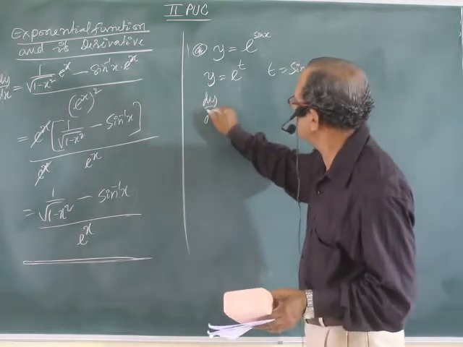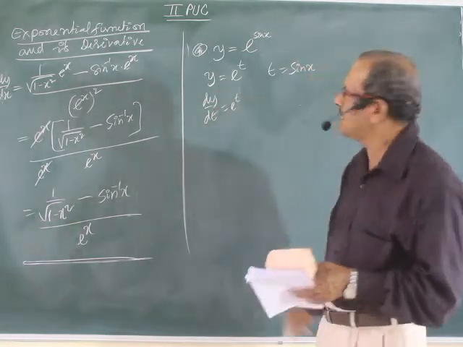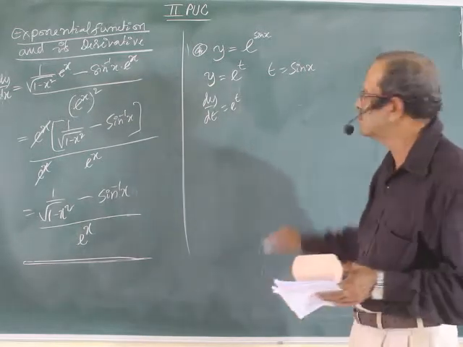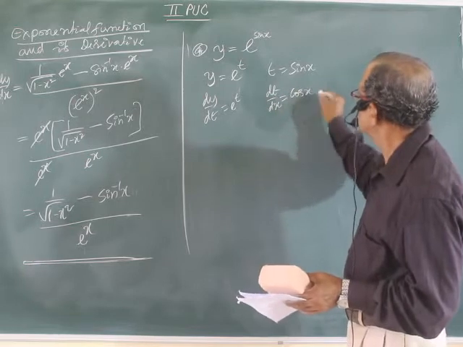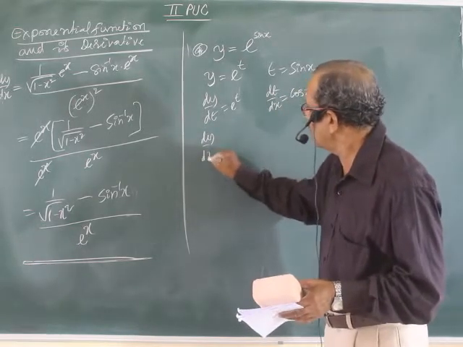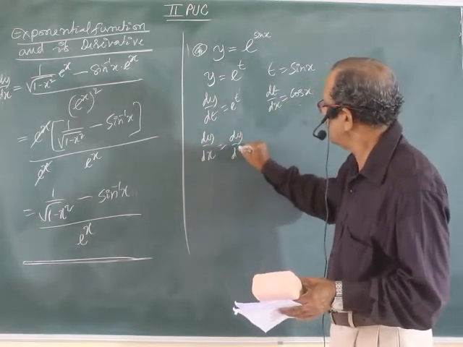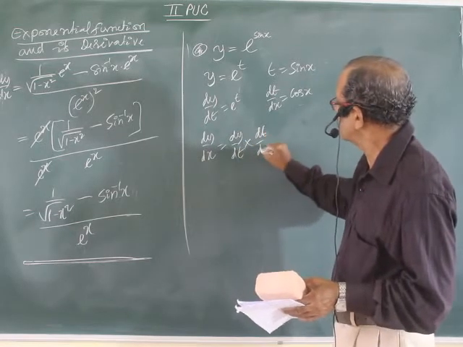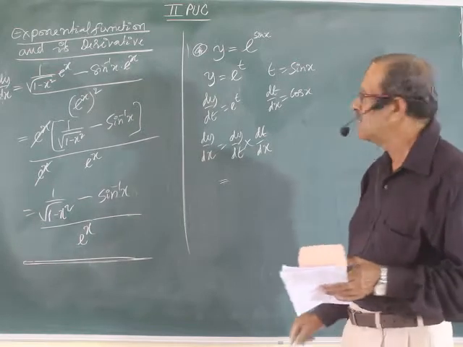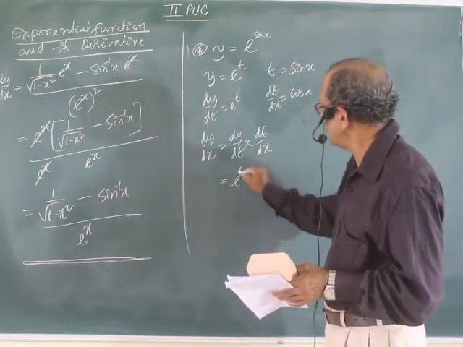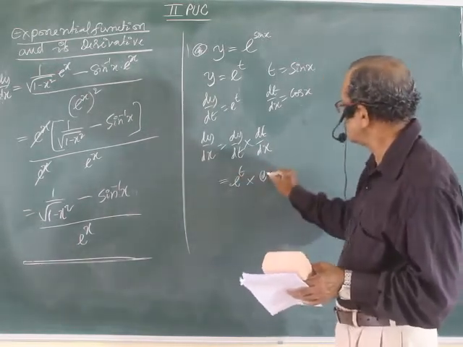dy by dt is e to the power t, the derivative of e to the power t is itself. dt by dx is cos x. Therefore, dy by dx is dy by dt into dt by dx, or e to the power t into cos x.